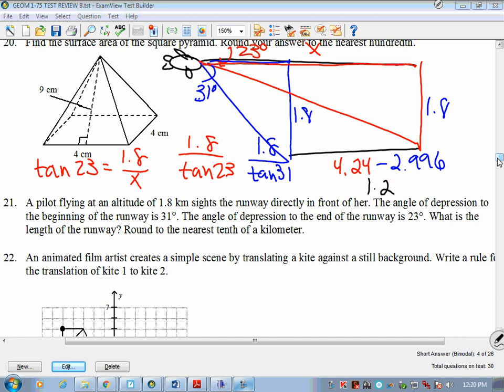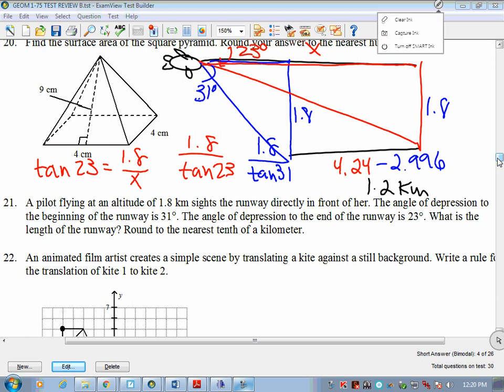So we want 1.2 kilometers. The reason I had you take that further out is because somebody in here is going to round that up to 3, and then I'd get closer to 1.3 kilometers. 1.2 and 1.3 would both be answers in a multiple choice question, but 1.2 is correct, so it's too close. I really don't like that, but it's what we're working with.